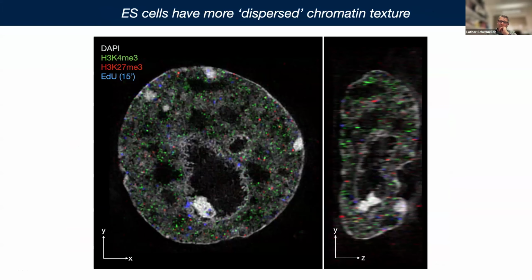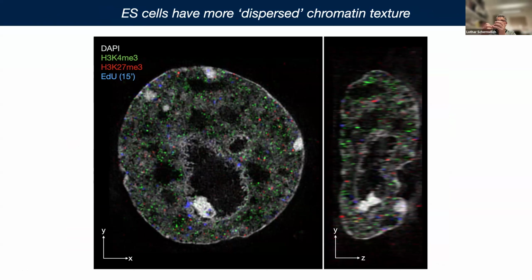And as an extreme case, where you have lots of replication going on, I want to mention ES cells. If we look at ES cells, we see a much more dispersed chromatin texture, and these cells are constantly, of course, replicating.